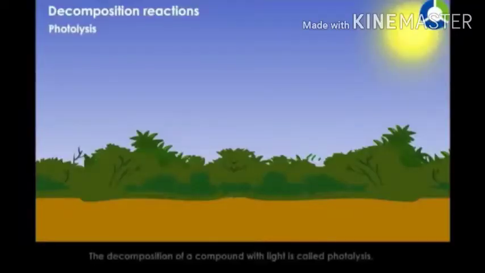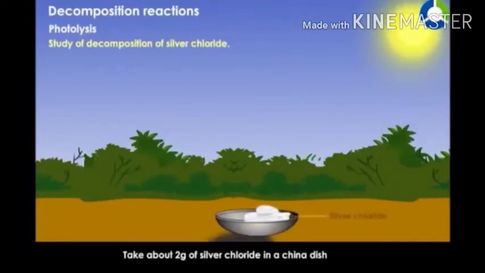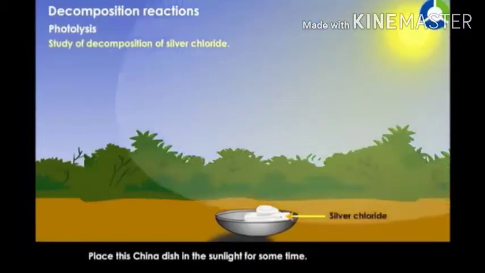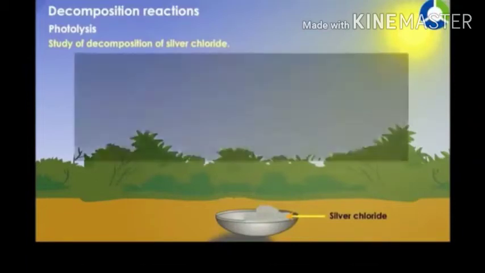Now we will see. The decomposition of a compound with light is called photolysis. Study the decomposition of silver chloride. Take about 2 grams of silver chloride in a china dish. Place this china dish in the sunlight for some time. It is observed that the white silver chloride turns grey on exposure to sunlight.